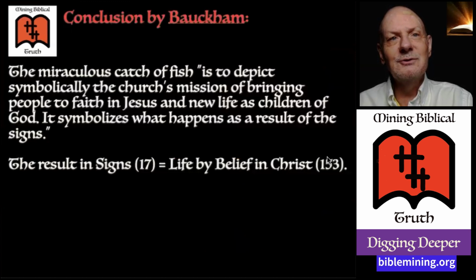So Balcom's conclusion is the miraculous catch of fish is to depict symbolically the church's mission of bringing people to faith in Jesus and new life as children of God. It symbolizes what happens as a result of the signs. The result of the signs, 17, equals a life by belief in Christ, 153.